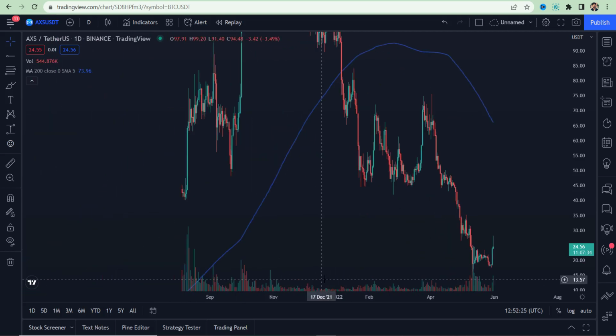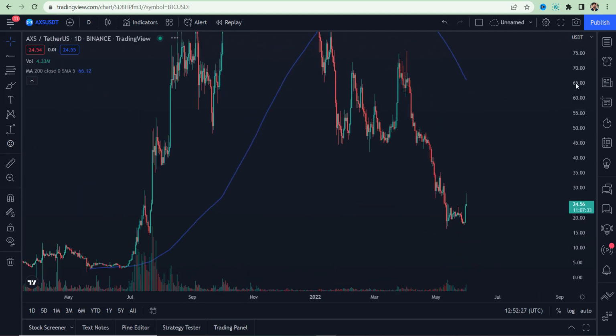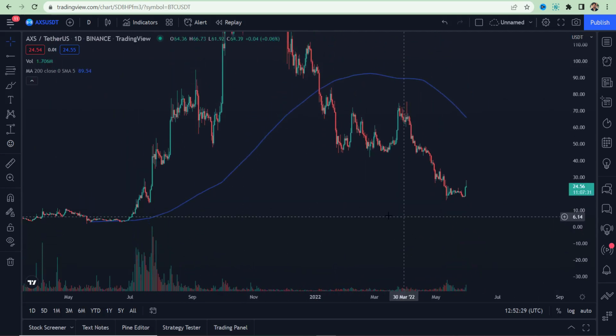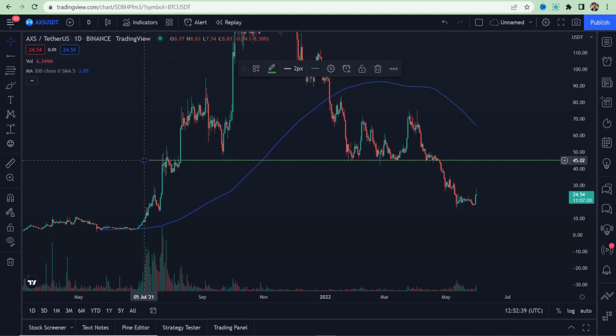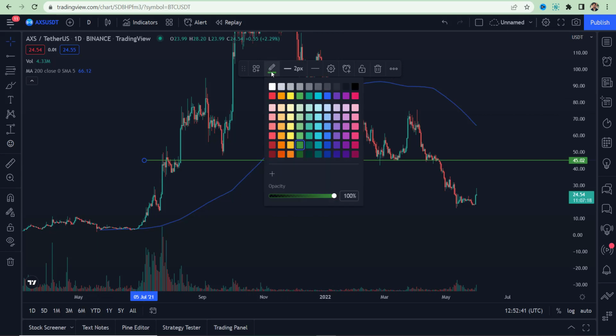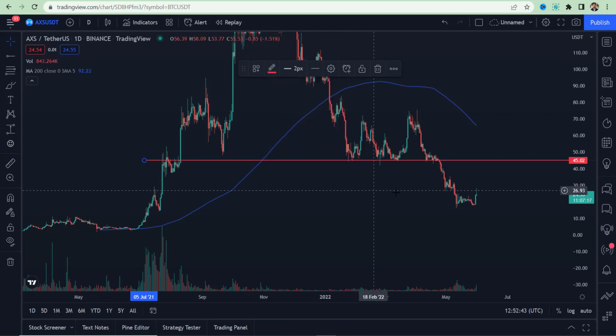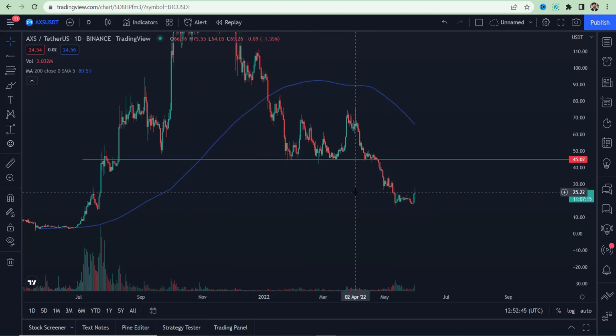So let me find where the structure was damaged. You see this place right here, this is the place where the market structure for Axie was broken.